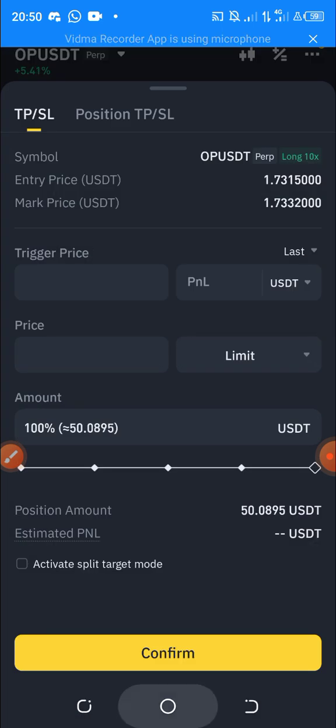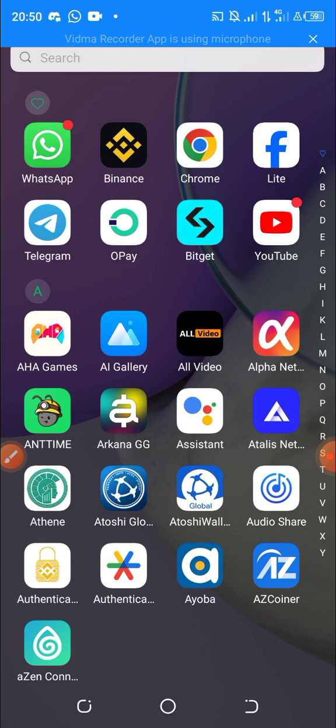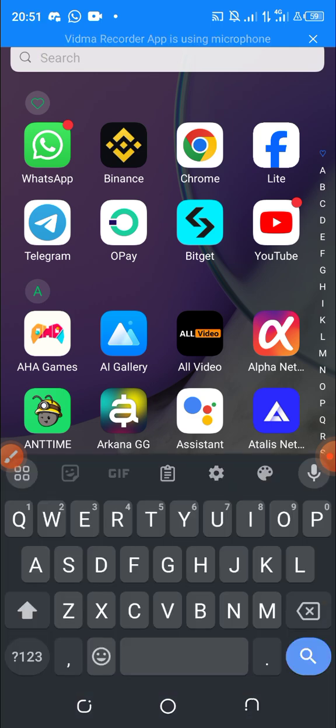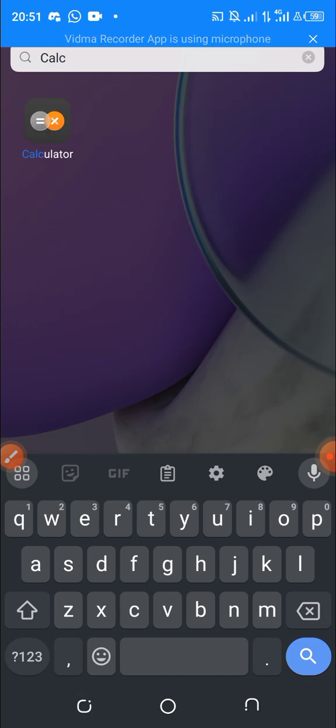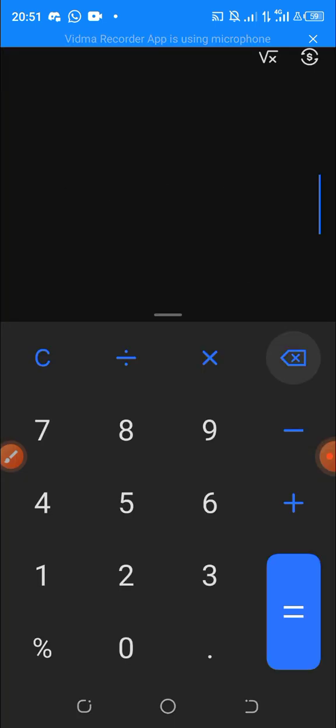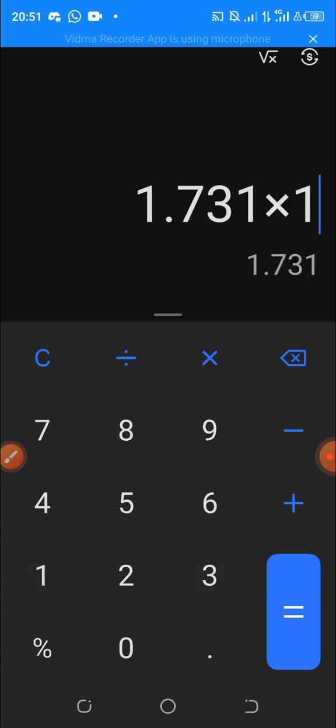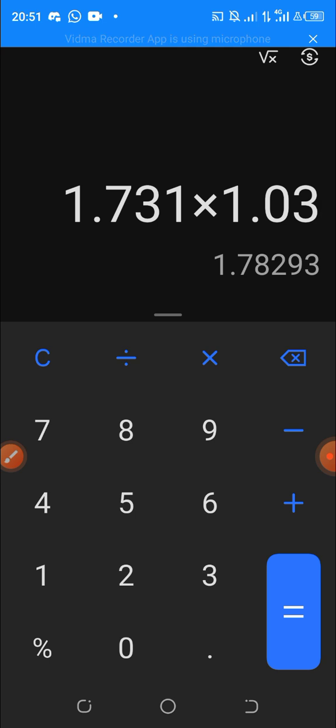So I just go to my calculator, then we say 1.731. I'm using 3% profit. 1.731 times 1.03, so that's 1.78. So once this OP increases by 3%, that means I want to take profit and exit the trade.